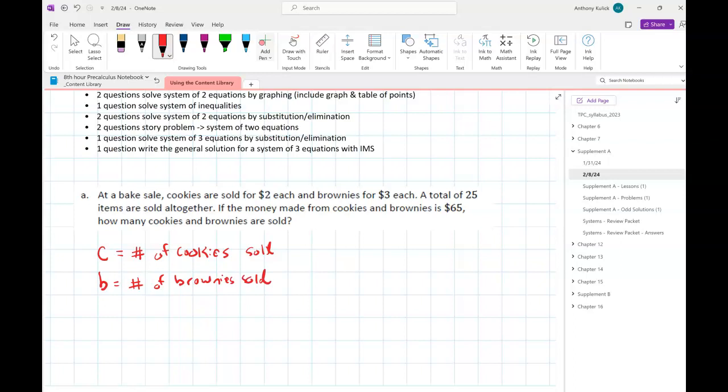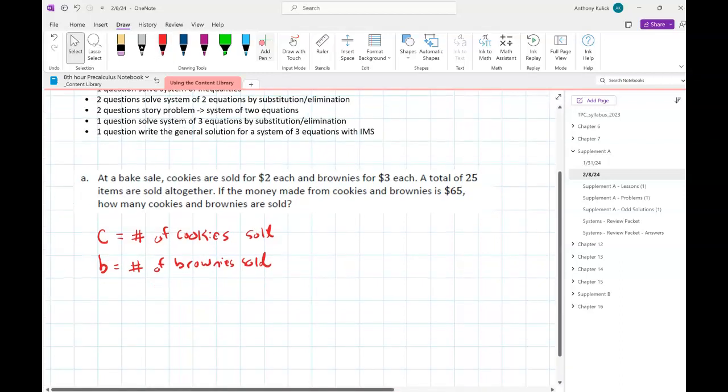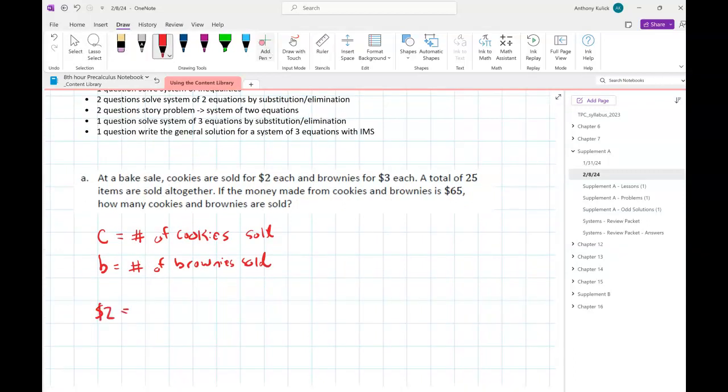All right. Now I'm going to read through and identify what some of this stuff is. If I read the first sentence, cookies are sold for $2 and brownies are sold for $3. So what is this 2? What is $2, just in words? $2 each.